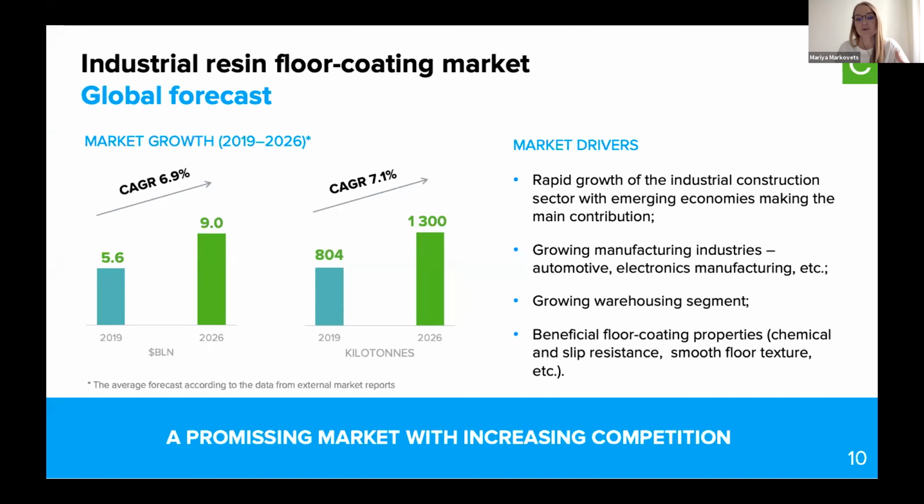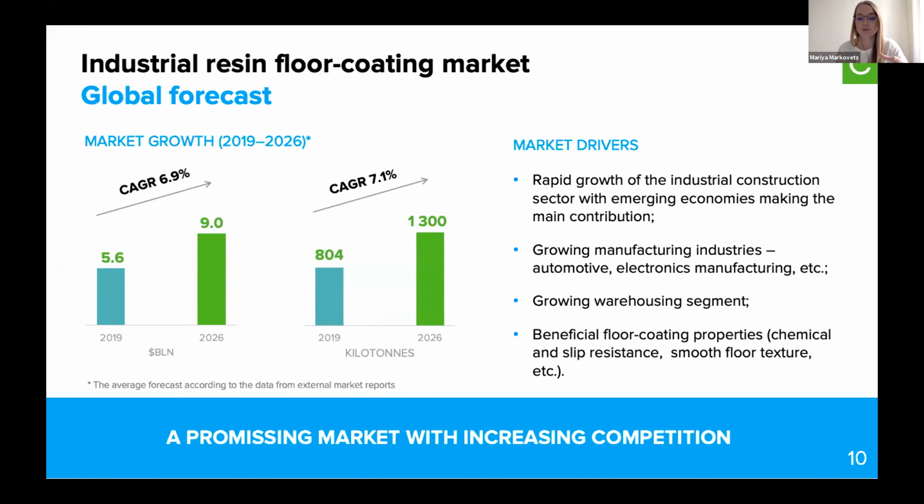Why is it so? First of all, because of the rapid growth of industrial construction segment, especially in the emerging economies in Asia and in Middle East. Also, the manufacturing industries where this type of floor is used, such as automotive manufacturing, electronics, are also growing fast. The warehousing segment is growing.